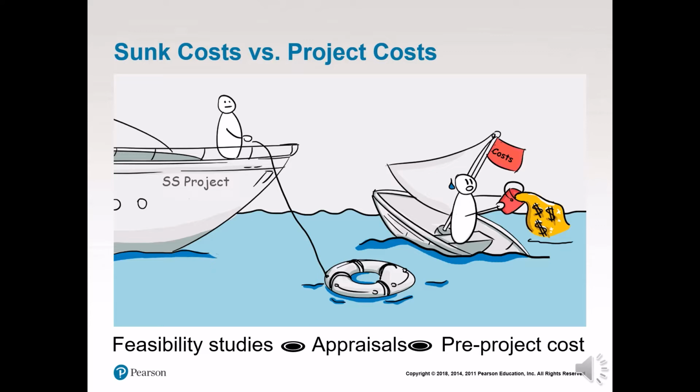Let's have an example here of Home Depot. If they spend $2 million to get permits to build a new store, whether or not they end up building that store, those costs are paid and they're gone. They're not considered as part of the project.